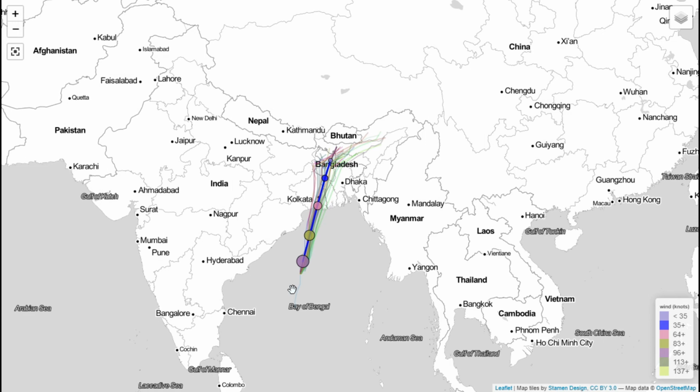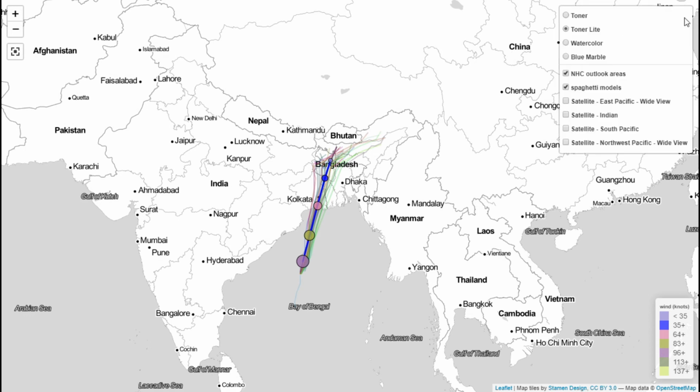At the same time, we must show you the different structure of the path through which the cyclone will actually move. As you can see, this particular map is interactive in nature, and we can change its structure, like we can change it like this, like this, or like this.